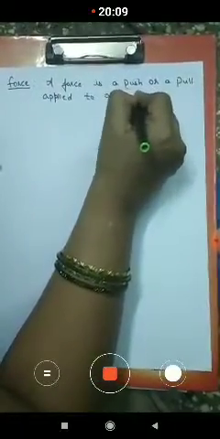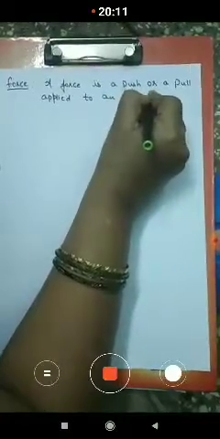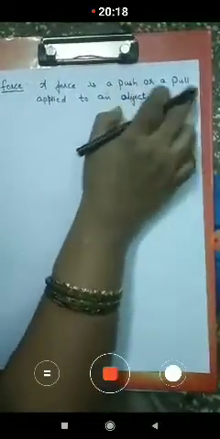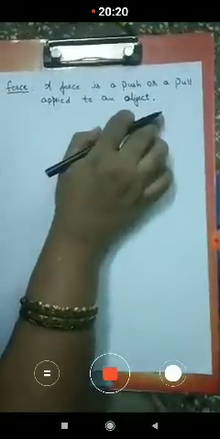So a force is a push or a pull applied to an object. So this is called force.